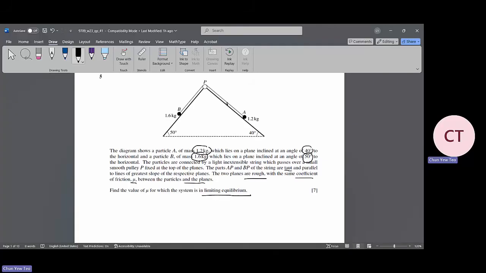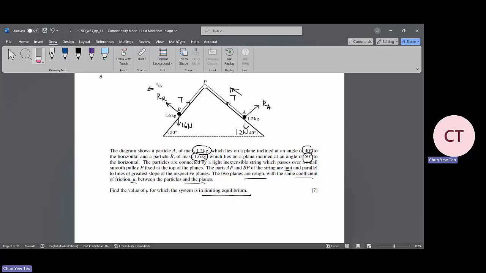So over here, we know that the tension for both sides are the same. This is the normal contact RA. This is the weight 12 Newton. This is the normal contact RB. This is the 16 Newton. So this one is heavier. So by right, it will go down. This one will go up, but they are still in equilibrium.